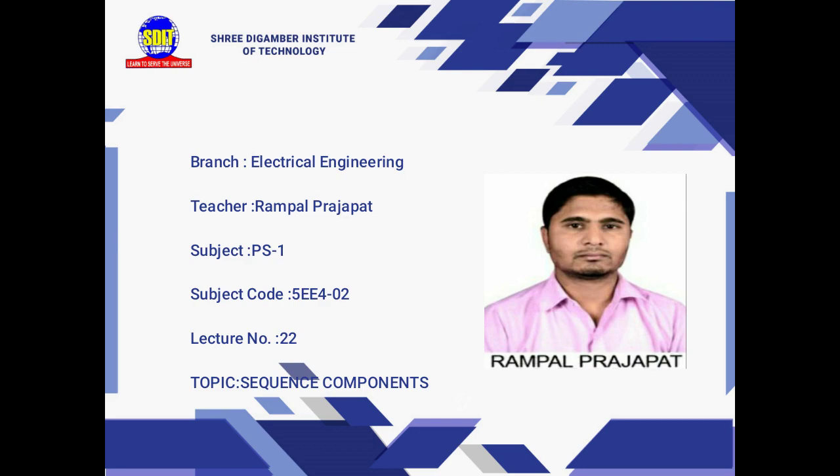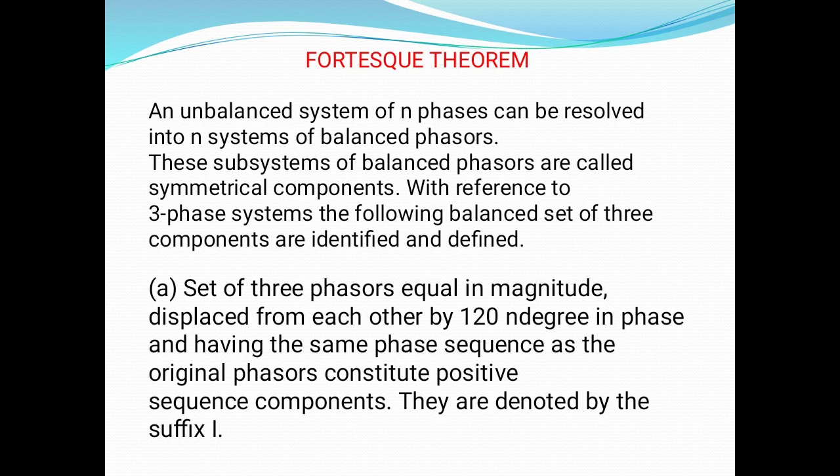First we take sequence components. The theorem of sequence components was given by the scientist Fortescue. According to this theorem, an unbalanced system of n phases can be resolved into n systems of balanced phases.